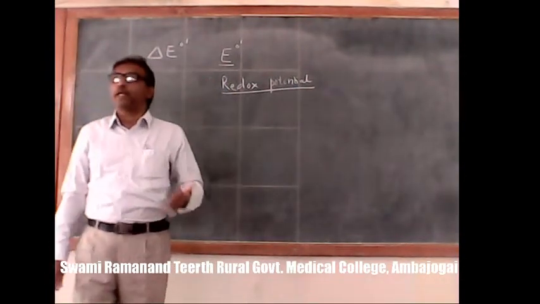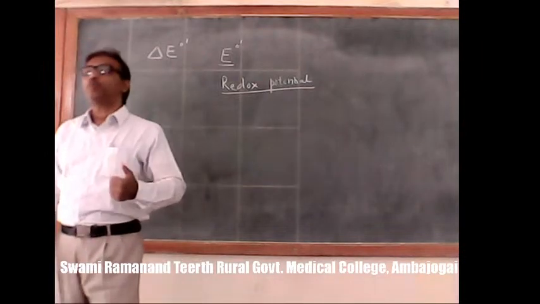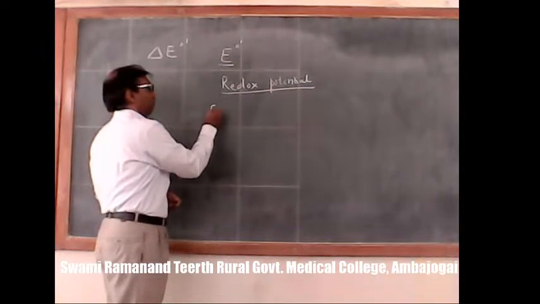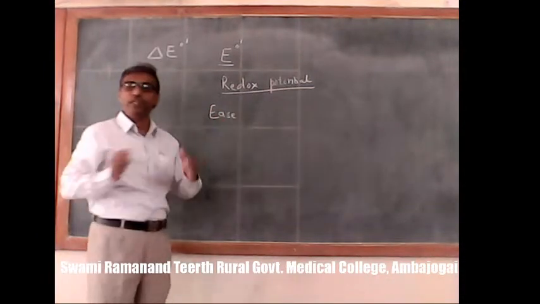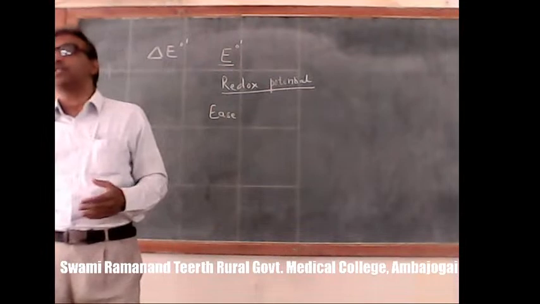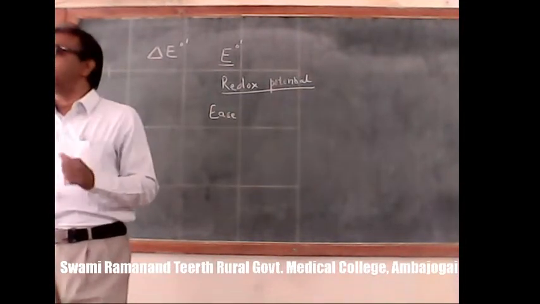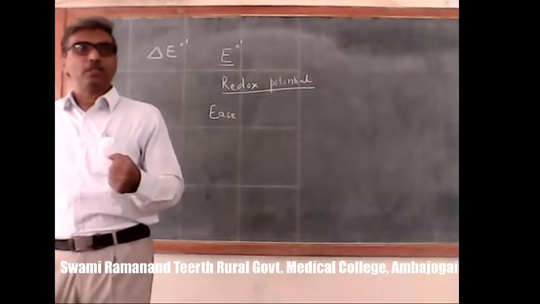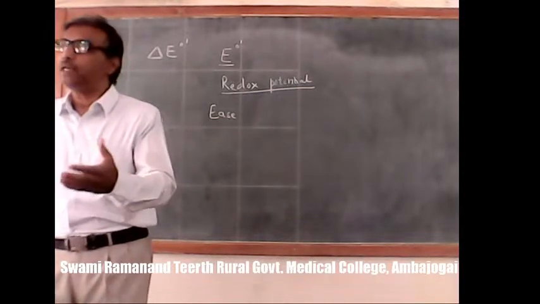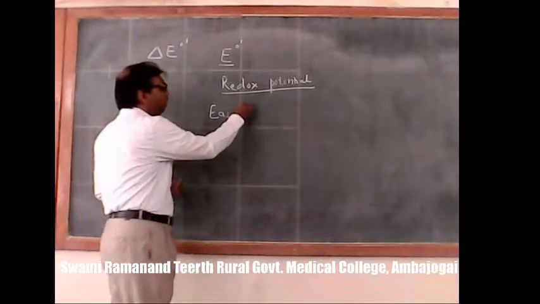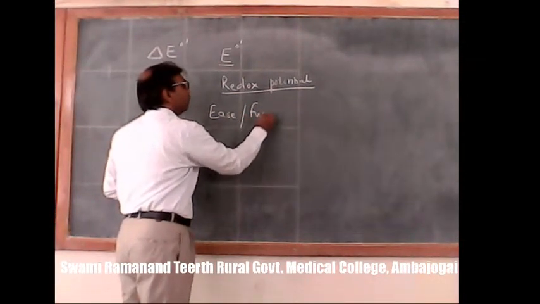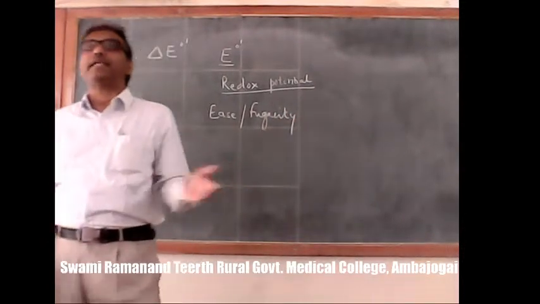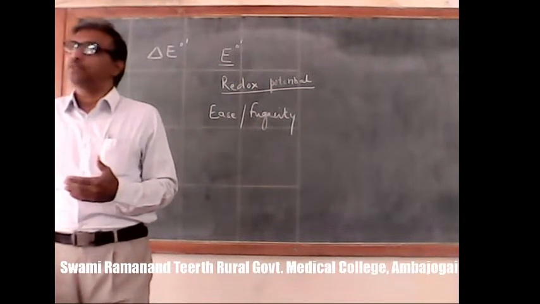Now, what is redox potential? Redox potential is the ease with which any substance donates or accepts the electron. It is the capacity of a substance or substrate to donate or accept electrons, or in a better word, the fugacity with which electrons escape the substance.